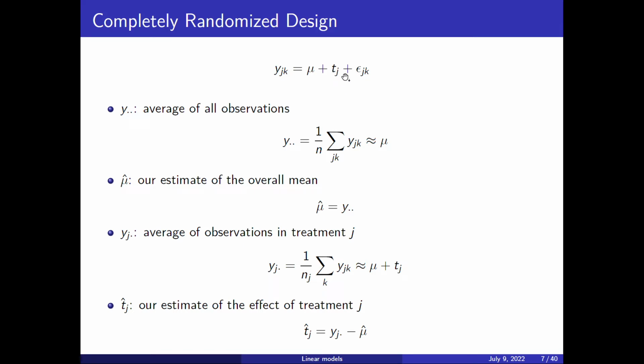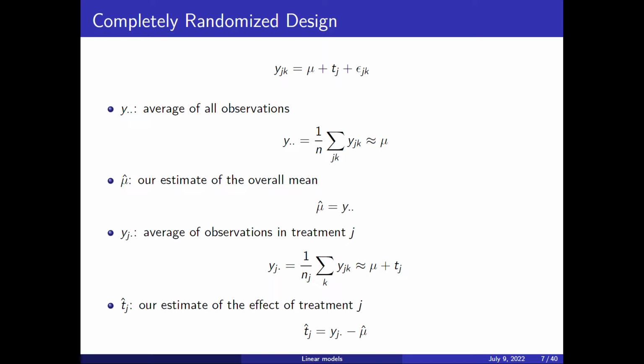And a natural way would be, okay, so the overall mean, an estimate, that is the hat. So an estimate of the overall mean is simply the mean of all the individuals. That should be more or less equal to this underlying population mean, the population of control plus treatment groups.